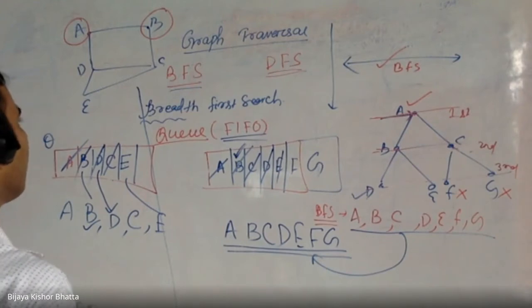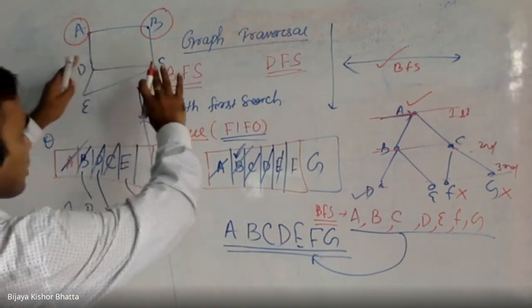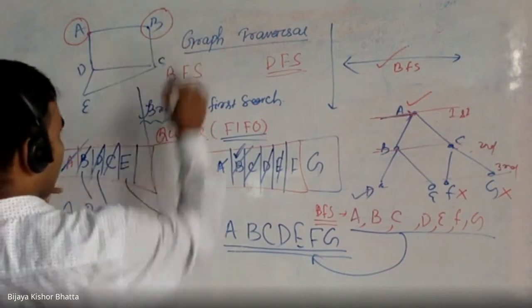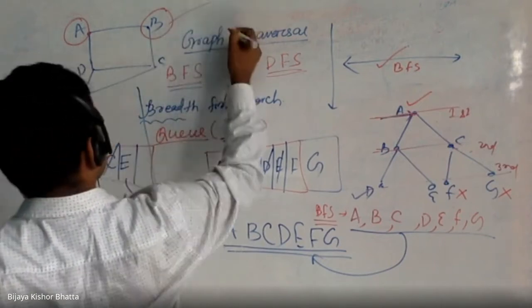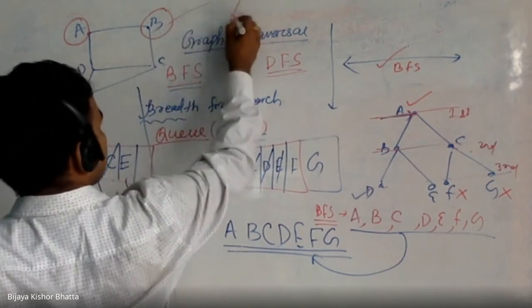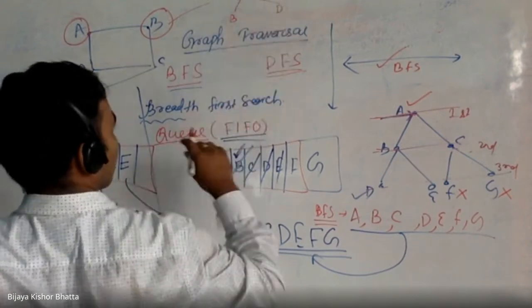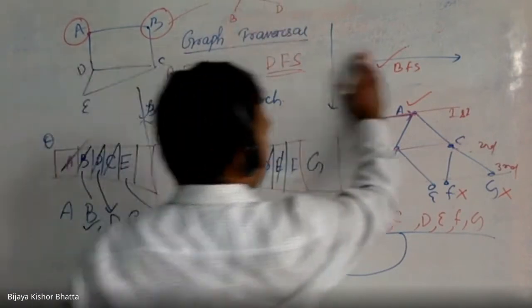If we convert this graph into this format, A is here. A is connected to B, and A is connected to D, right? So let me draw it here.